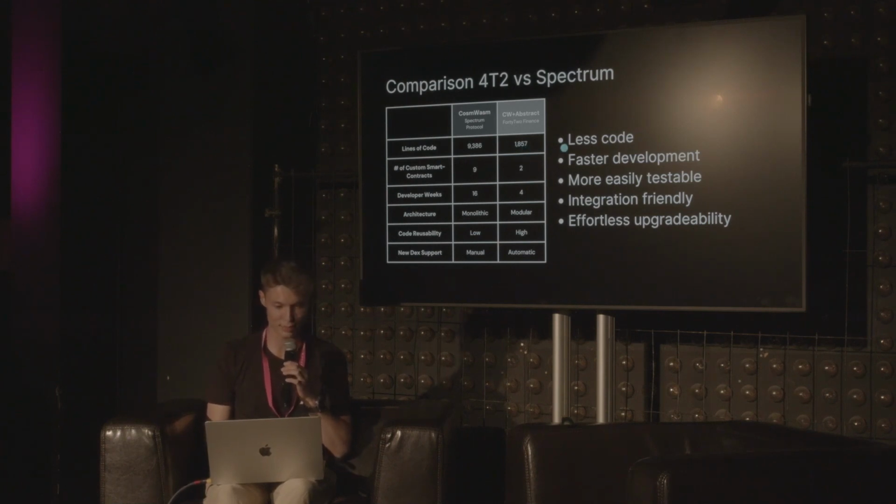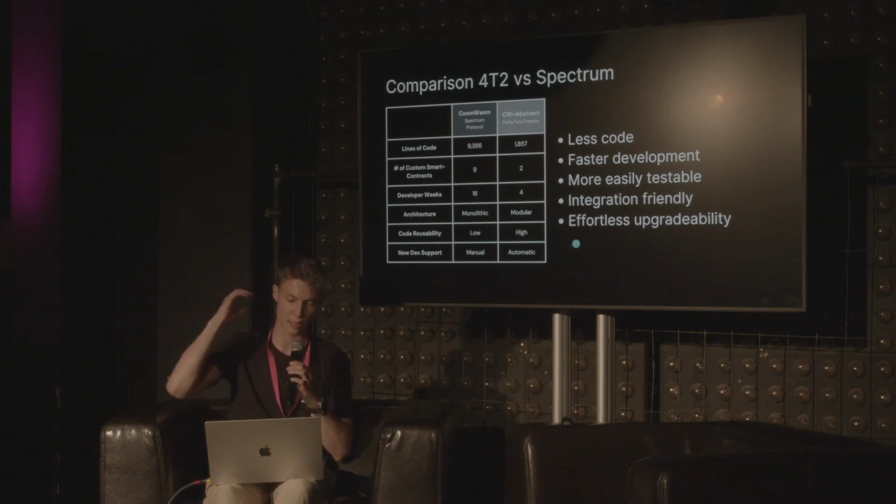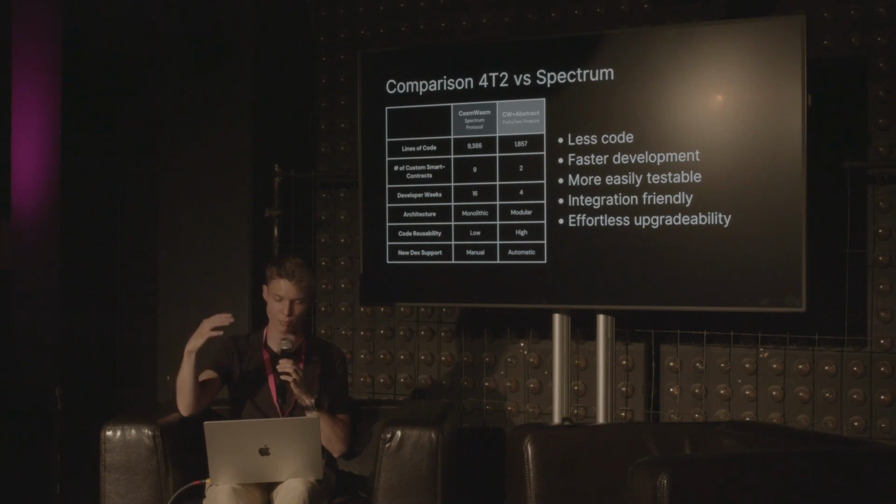And you can see that there's a great reduction in the amount of code that they needed to write because of the separation of concerns. They had to only write 2 smart contracts.